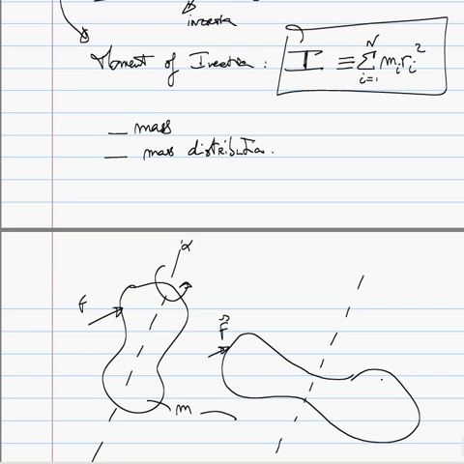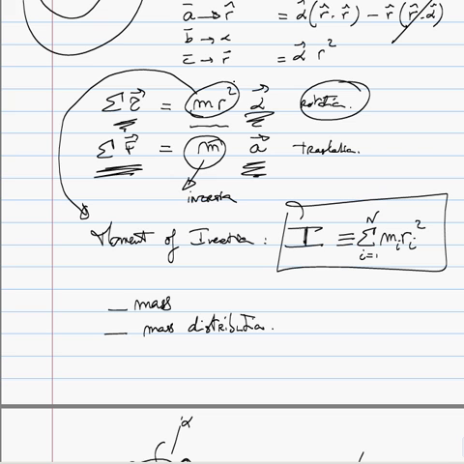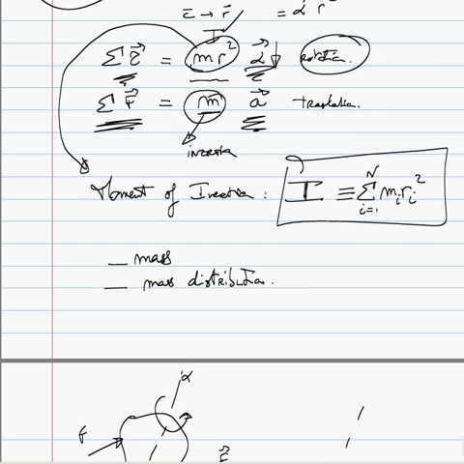But since the mass is distributed, all those little pieces of matter, much further away with respect to the axis of rotation, all those little r's, r1, r2, r3, are much bigger. Therefore, I is much bigger. And if I is much bigger, then alpha is much smaller. So the same way as m was a factor that would be preventing linear acceleration, or goes against linear acceleration, moment of inertia also has the same effect.